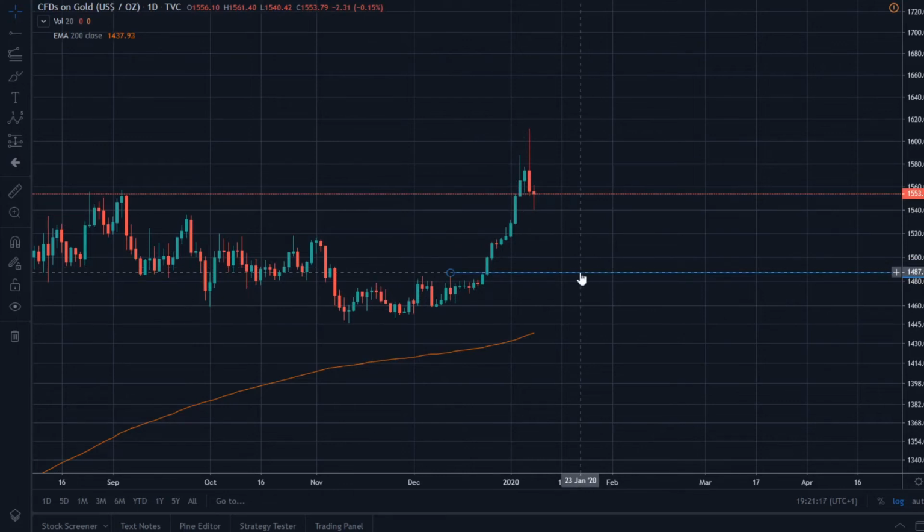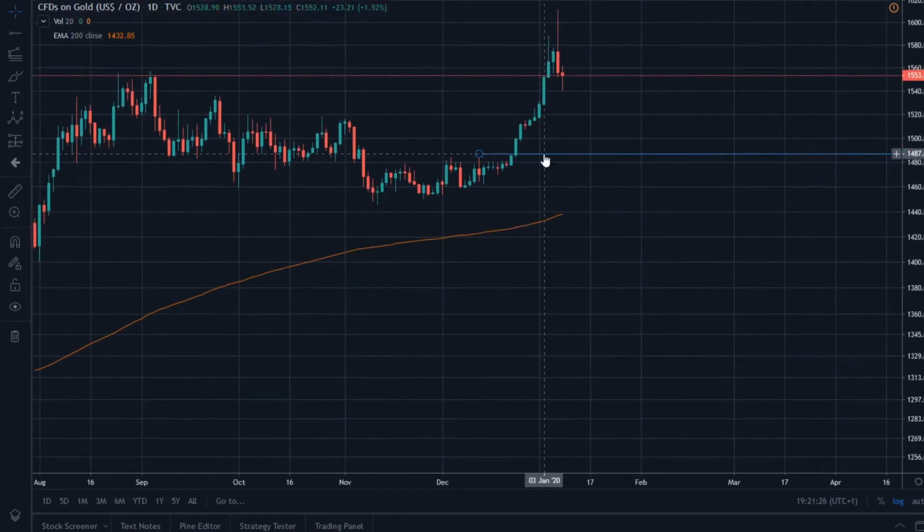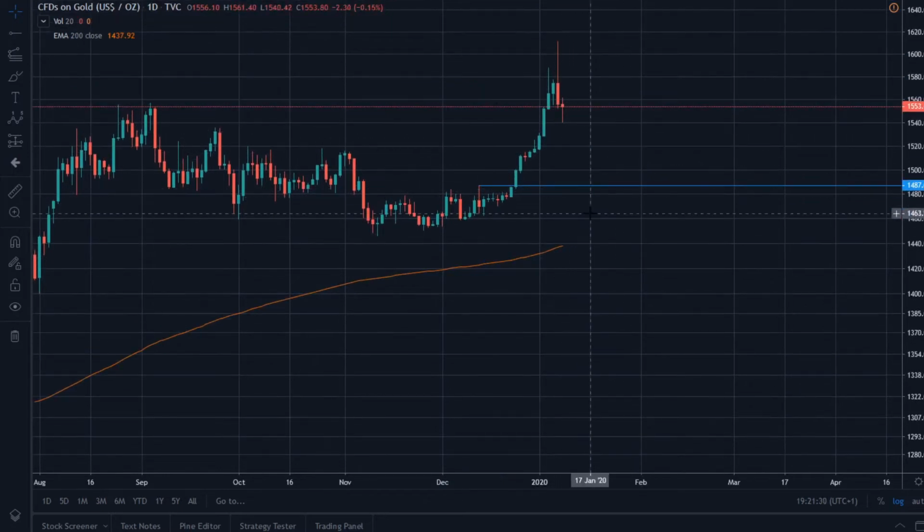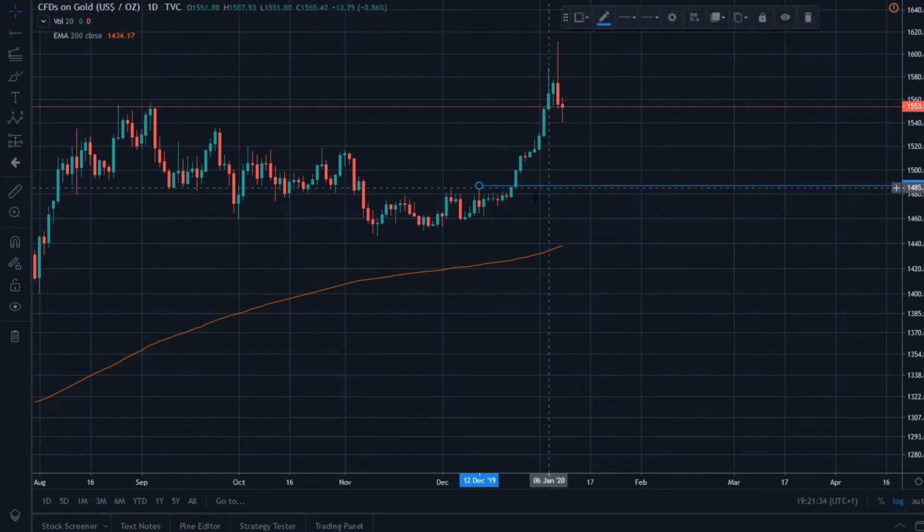Yeah, so at 1487, 1486, there's the make or break for this scenario being a 4 and a 5 up. So if gold goes below $1,487, the scenario of wave 4 is eliminated.